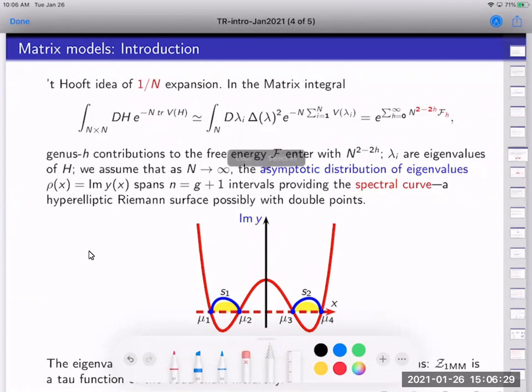This distribution may span, well, we segregate one sheet in the complex plane of the x variable, which we call the physical sheet. In this sheet we might have several intervals, several branch points, like here in this example where I have 4. And in principle, we might consider a situation where this eigenvalue distribution spans not just one interval, but several intervals.